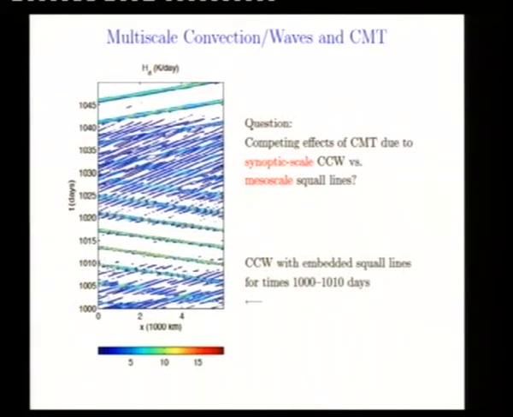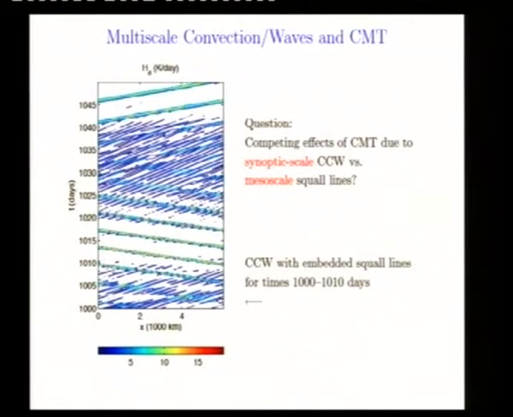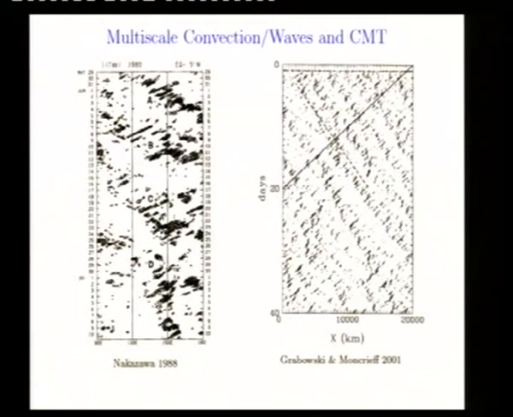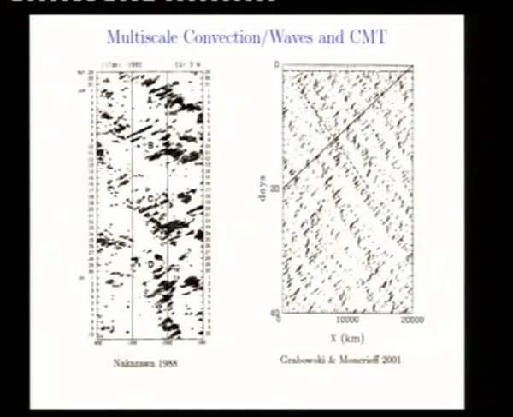They should both be transporting momentum in some ways. So you might wonder, what is the relative role of the synoptic scale one versus the mesoscale one? And this is a common feature in nature. These are plots from Nakazawa from observations and from Grabowski and Moncrieff in a cloud resolving model, where this is a very common feature where you have some envelope with smaller scale fluctuations within it.